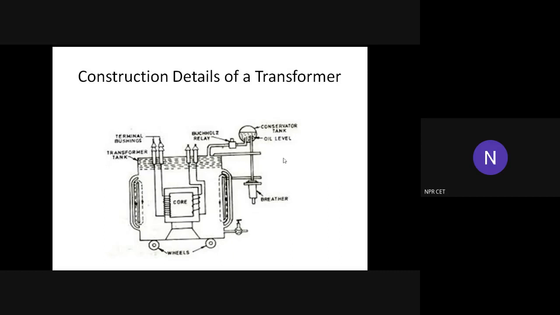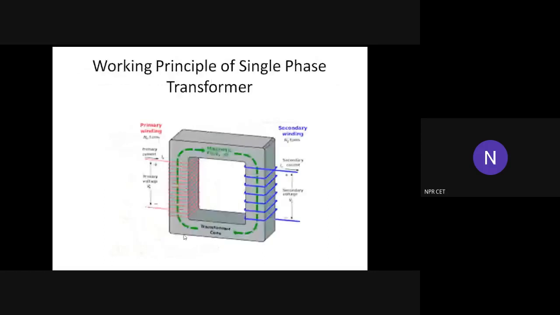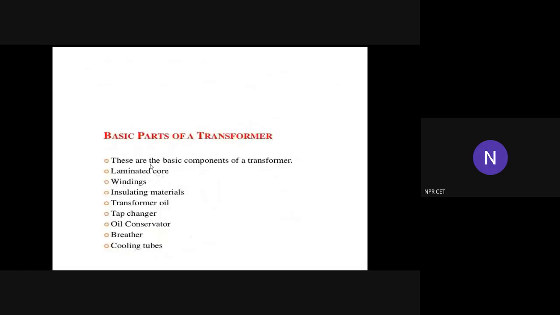So these are the construction details of a transformer. The parts are the laminated core, windings, primary winding and secondary winding, and insulating material.